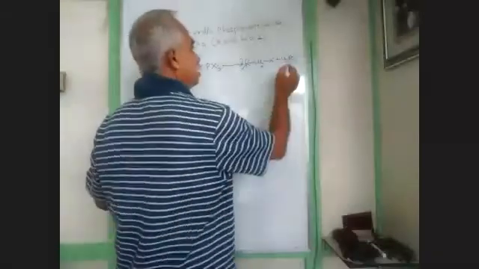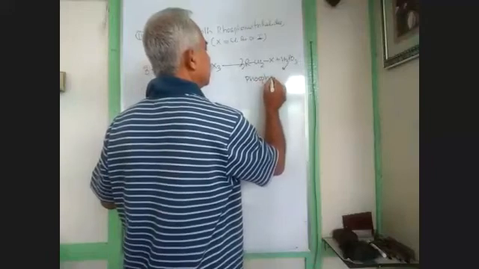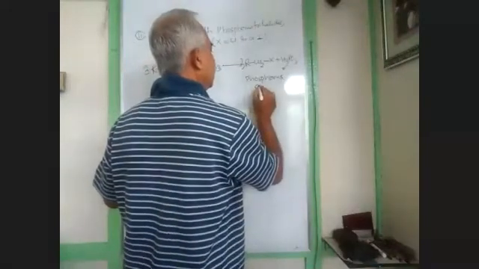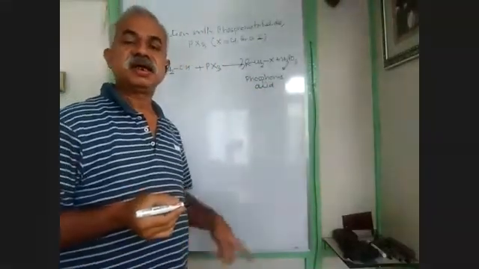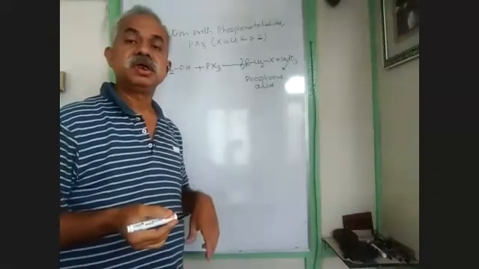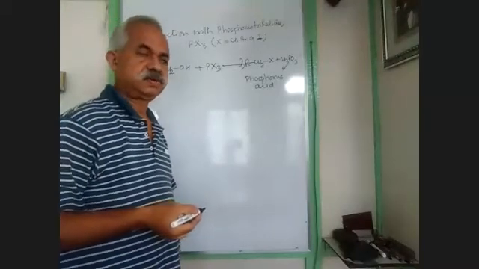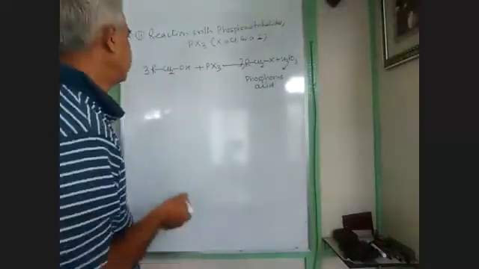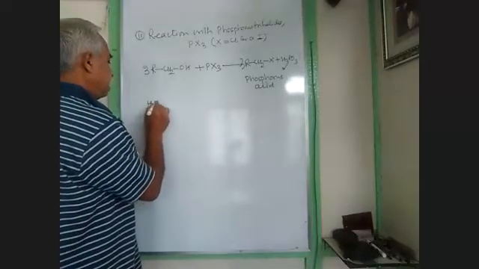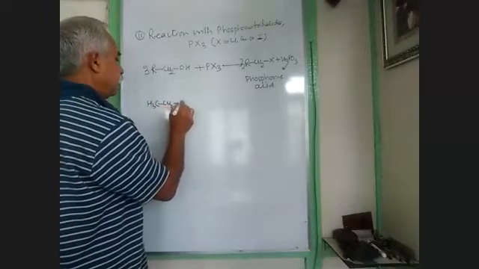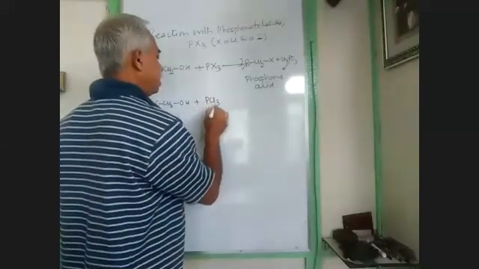It gives you 3 RCH2X and H3PO3. H3PO3 is called phosphorus acid. The H3PO4 is called phosphoric and H3PO3 is called phosphorus. We know in chemistry, the higher one is called ic and the lower one is called us. So it is phosphorus acid. All right. So let me write it here. Say you have taken ethanol and you have reacted with PCl3.